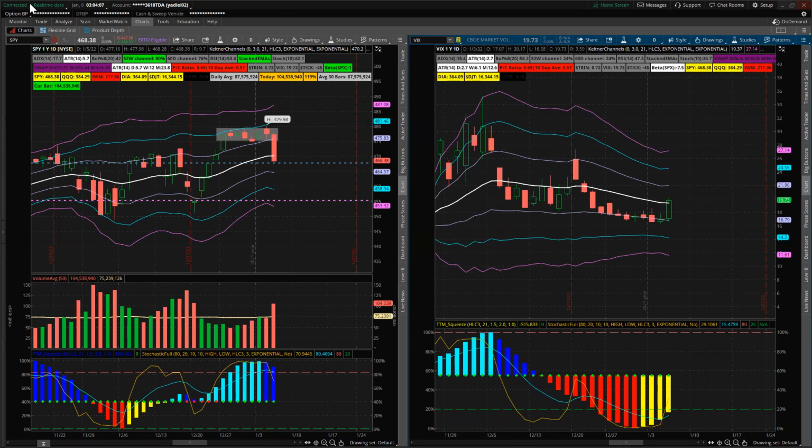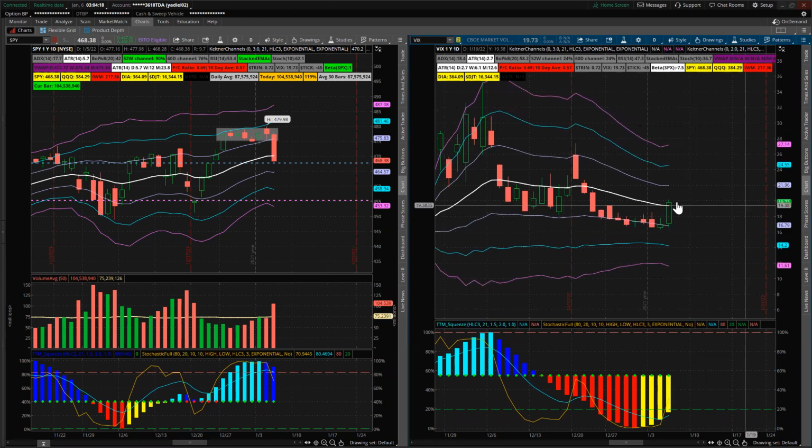So currently right now, this is my TD Ameritrade account. So we're going to look at the VIX. As you guys know, the VIX is the fear index. And for quite some time, the VIX had been trending lower, right? As we see here on this particular day, which is the 20th of December, the VIX went lower and lower and lower, right?